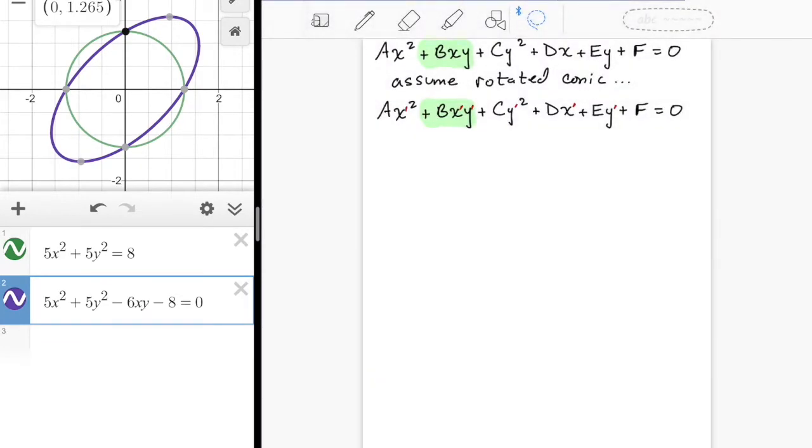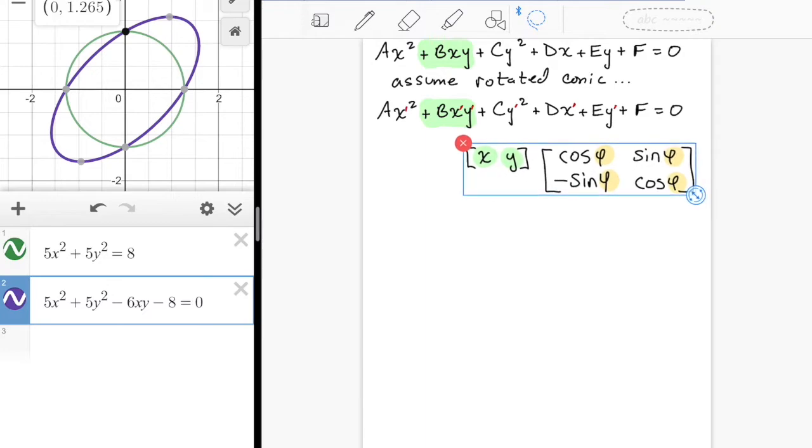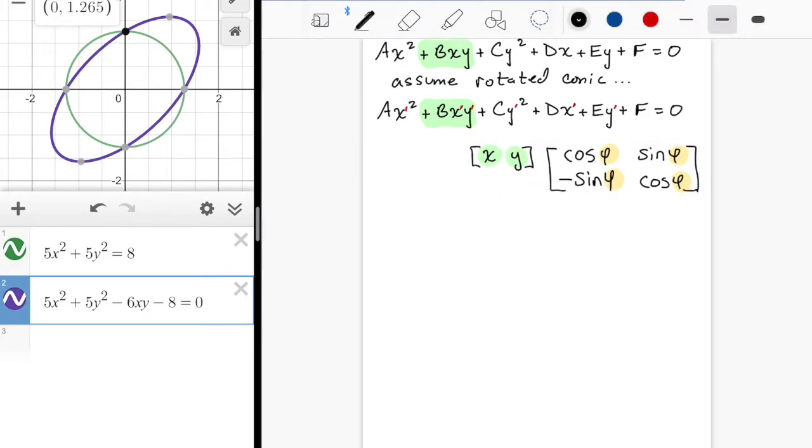So I'm going to go root and root. Paste that in. Now the result of this would be a transformation, specifically a rotation, and it would be in the form of x prime, y prime.